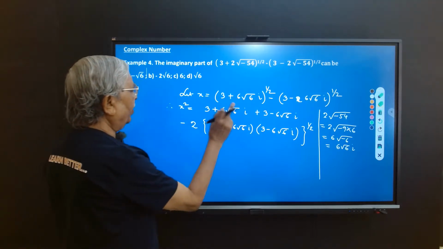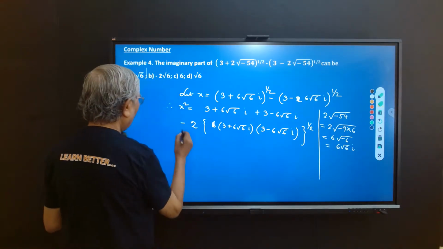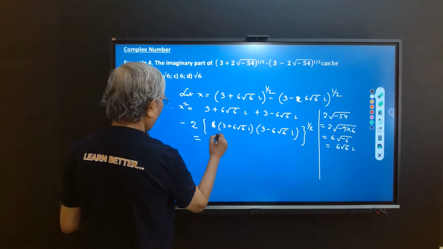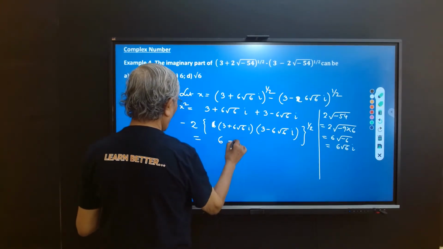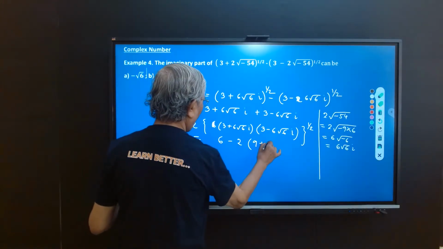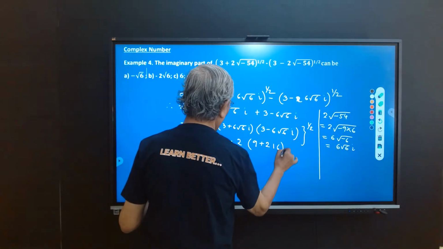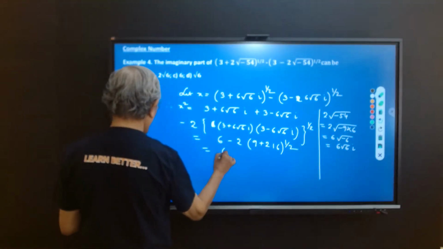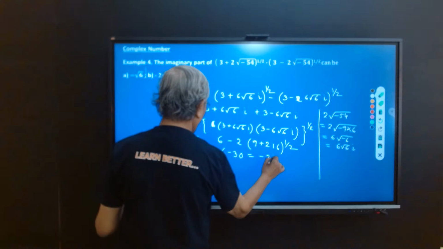So what do you get? x squared is equal to 3 plus 3, that is 6, minus 2 into (9 plus 216) whole to the power half. This we can write as 6 minus 30, and this is equal to minus 24.